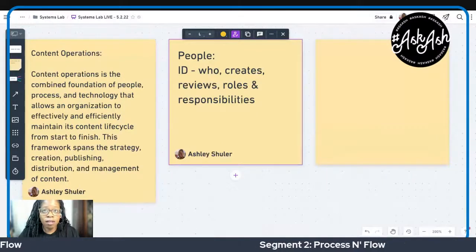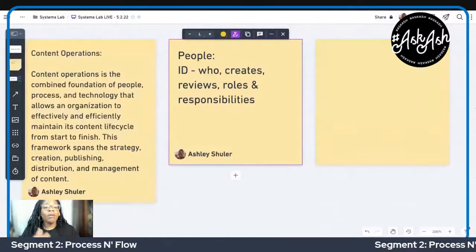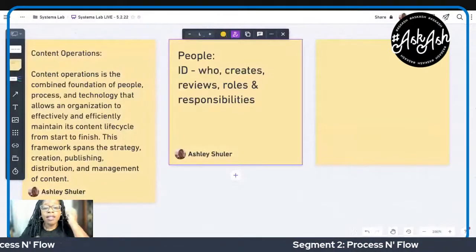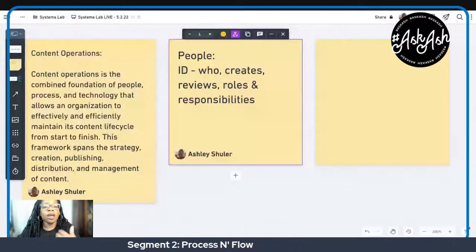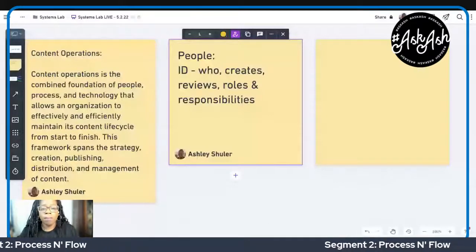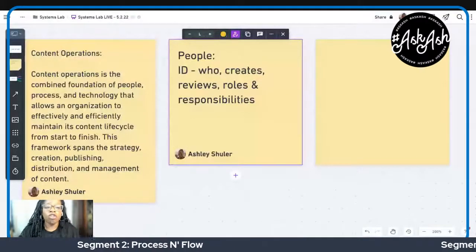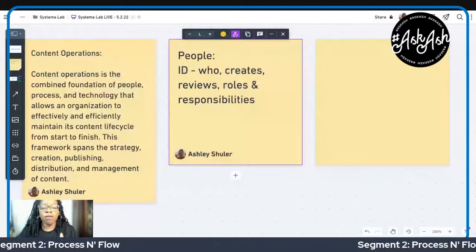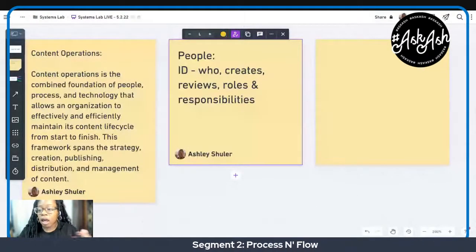We've got graphics, copywriters, graphic designers, video editors. These are the people that are responsible for the creation of the content. At bigger companies like Nike, or marketing agencies, you're going to have content operations managers, the folks who are part of the actual managing of the content and the producing of it.